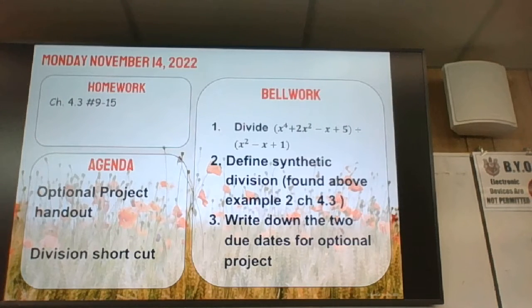Maybe minus 2. There's 2x squared minus 2.